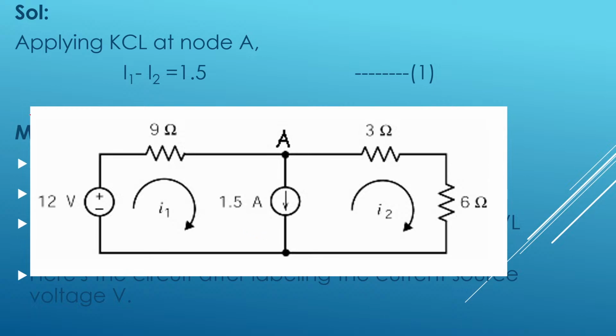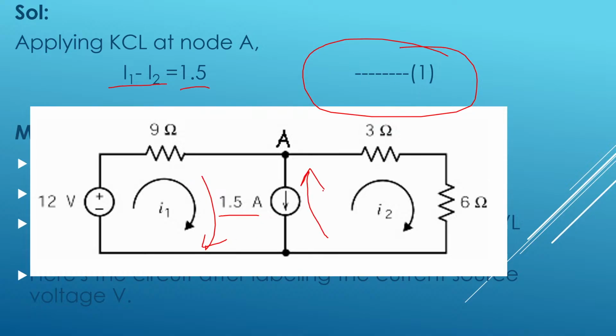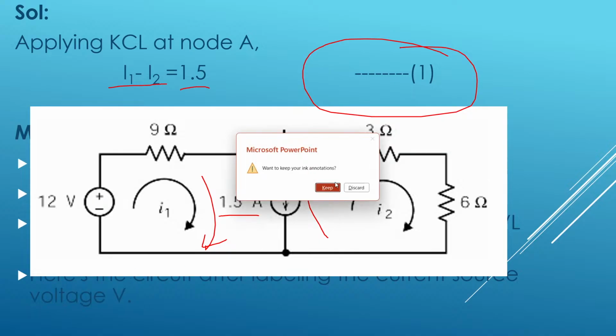Similarly here also, the differential current will be equal to the current source value. What is the current source value? 1.5 amperes. Consider it as our equation 1. I hope you have understood. I1 is downward, I2 is upward, so the difference of these two currents is equal to 1.5 amperes.